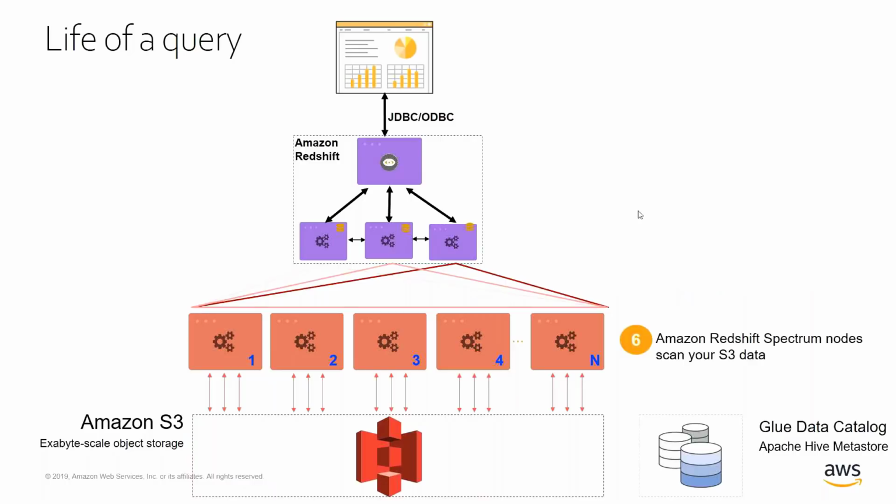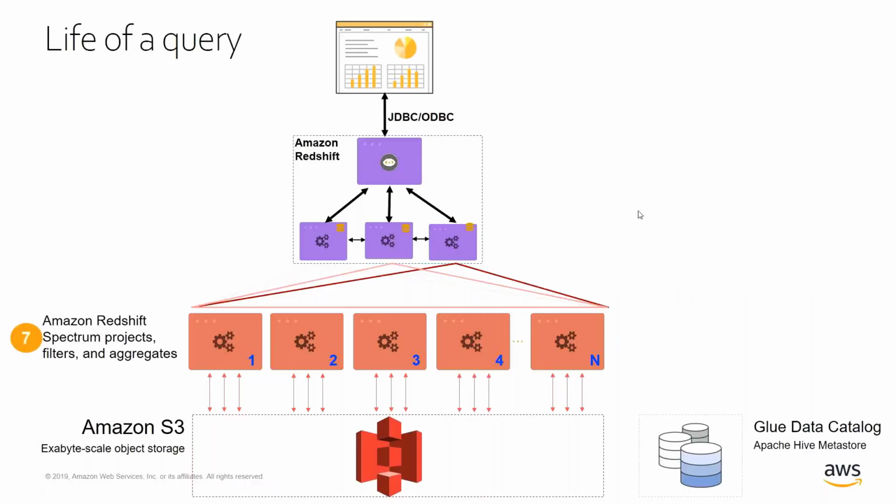So the Spectrum layer will scan your S3 data, and it will do data pruning. It will select data. It will filter data. It will also aggregate data based on the queries that you're trying to run.